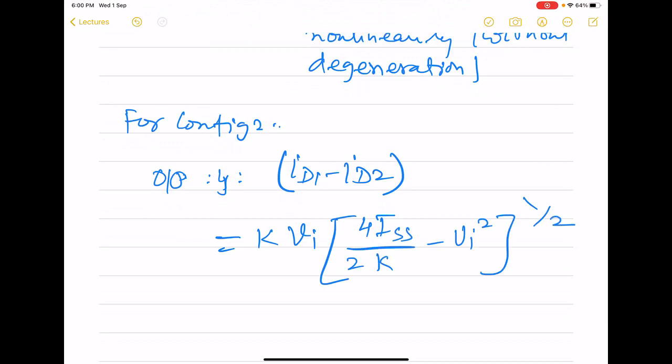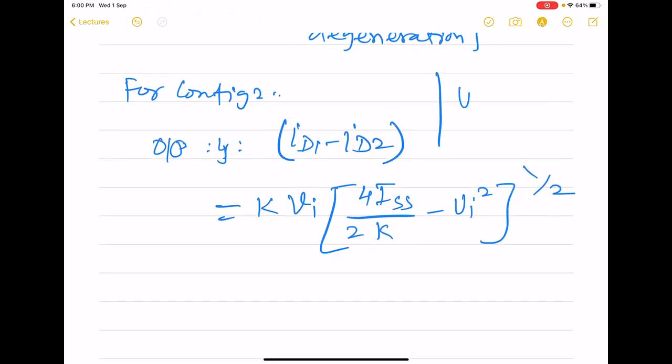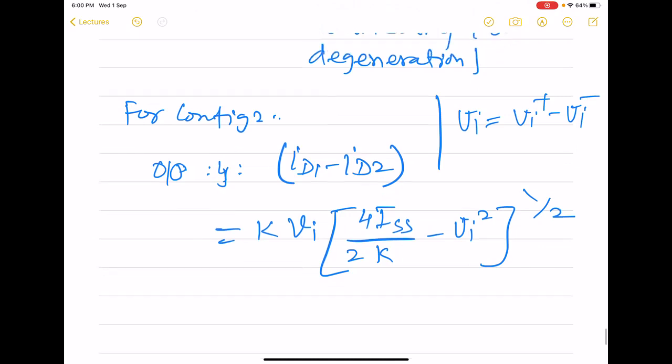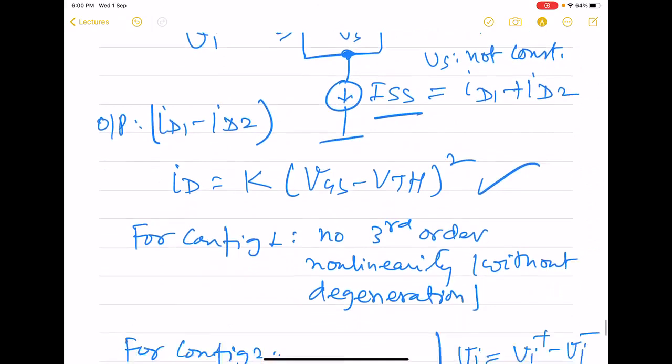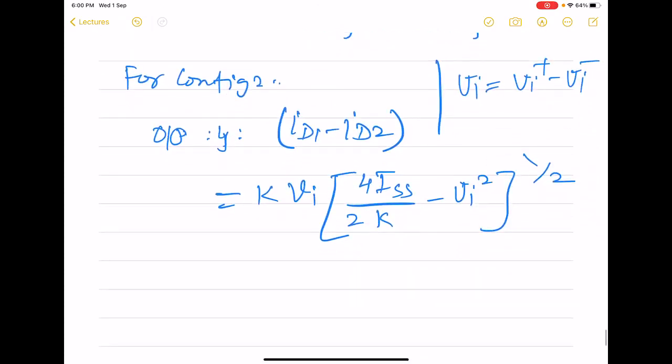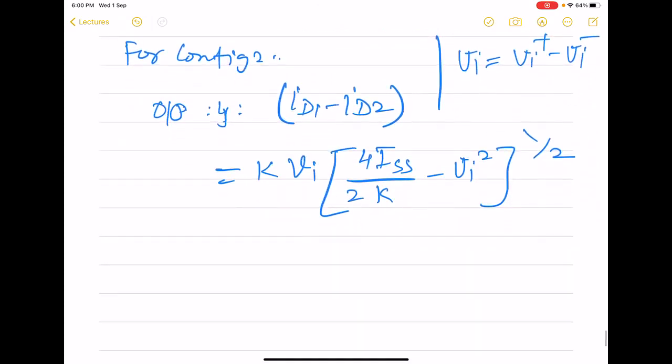So here VI is VI plus minus VI minus. These are the time varying inputs, of course. And K we have defined. ISS is this bias current. So this we will be calling delta ID as K into VI.